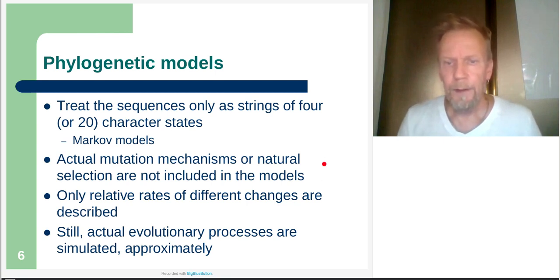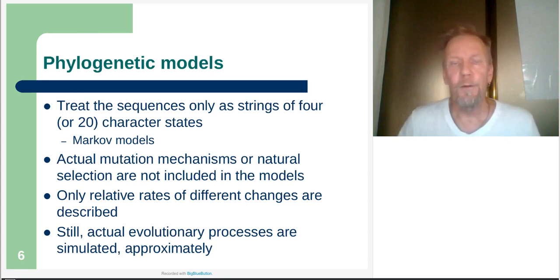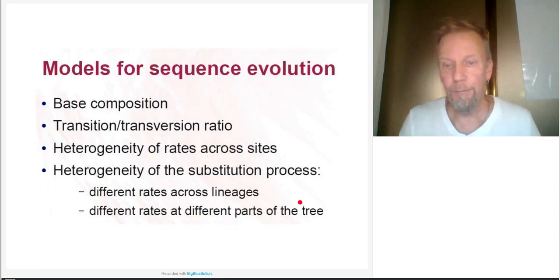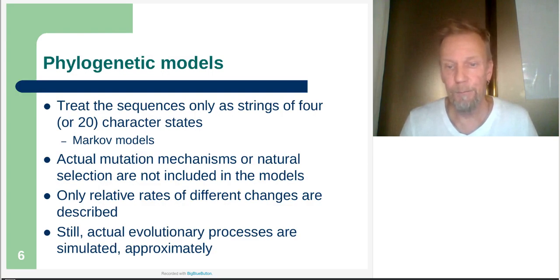The real mutation mechanisms or any features of natural selection need to be ignored. They are not part of the models, but we can devise some parameters that might simulate it, or we can have some ways of allowing for different rates in different sites, as here in the third point.